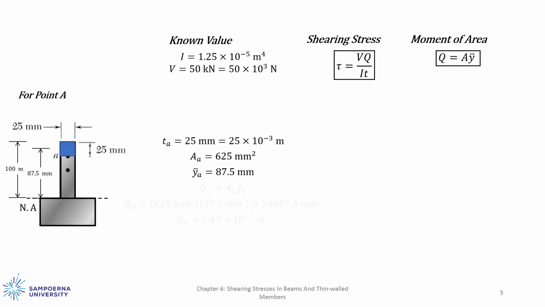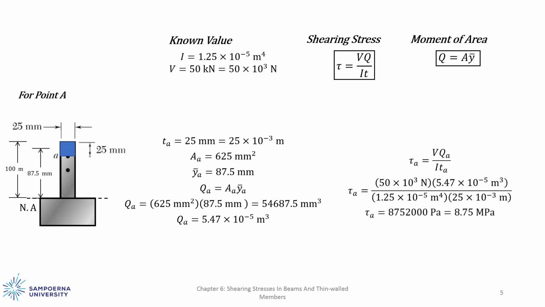Then we substitute it into the formula and get QA. Now we substitute the known values into the shear stress formula and we get tau A is 8.75 megapascal.